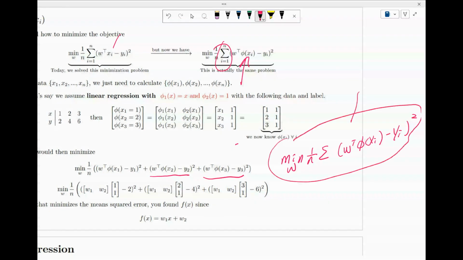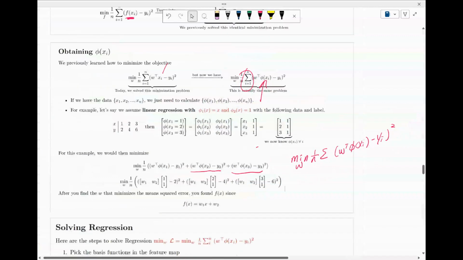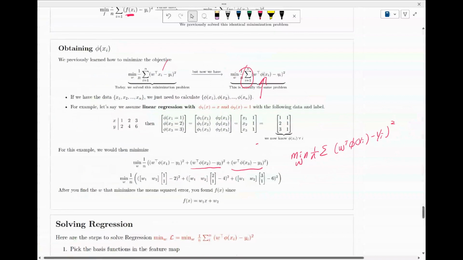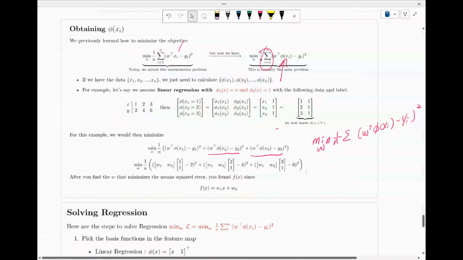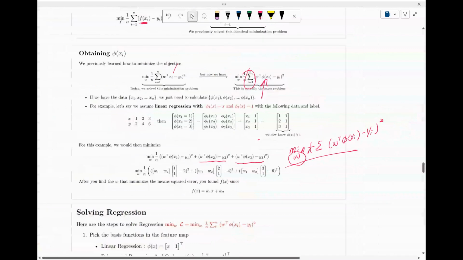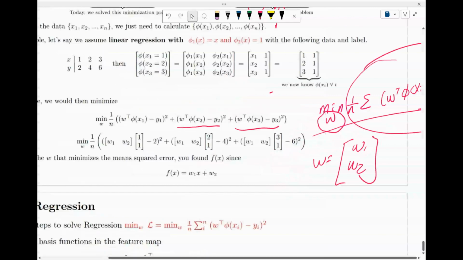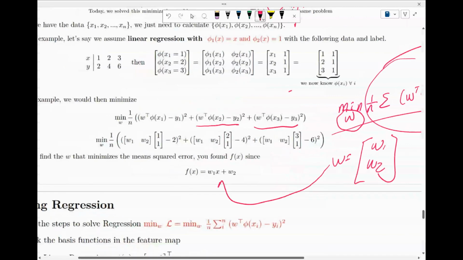Now you know what this means, and we know how to minimize this with gradient descent. So the final step is that once you run gradient descent, you find a W such that this whole thing is minimized. So you know W, which is equal to W1, W2. You can now plug that into the function. If you know W1, W2, you know the function.